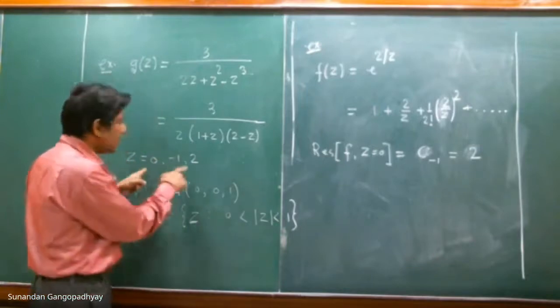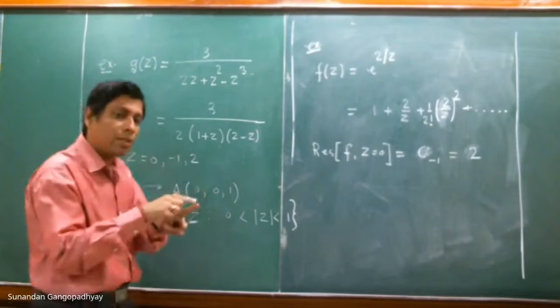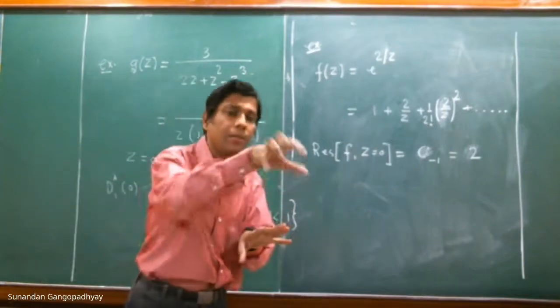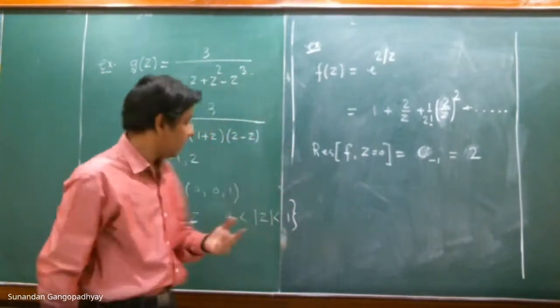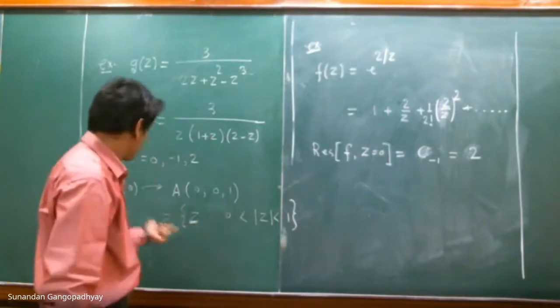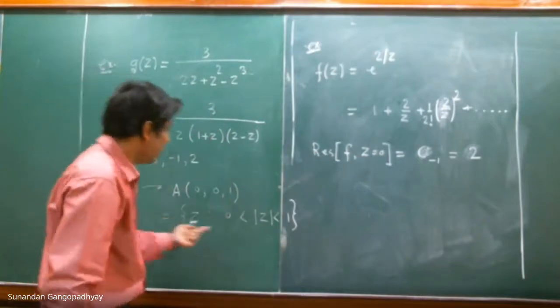See, there are 3 singularities, so there will be actually 3 Laurent series expansions in 3 different regions. Let us find out the Laurent series expansion of this function g of z in this region.